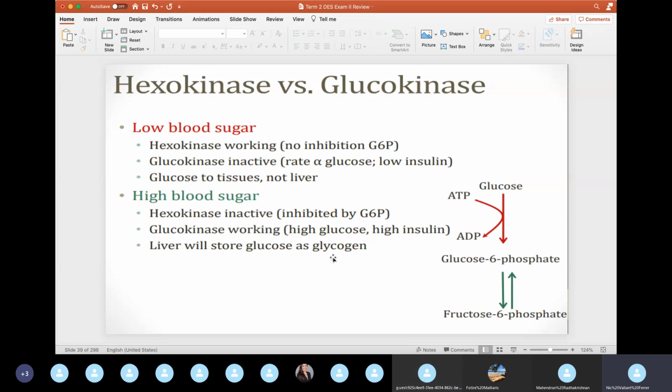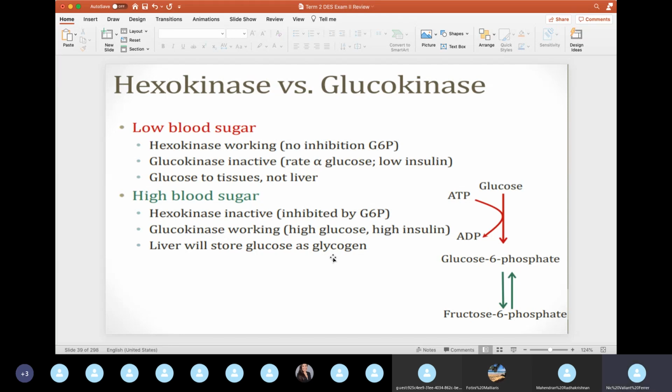So think about it this way, right? So low blood sugar, you're not eating, you're fasting. What is constitutively active? Your hexokinase is working. Okay? So the glucokinase is not working. This is inhibited by glucose 6-phosphate, right?